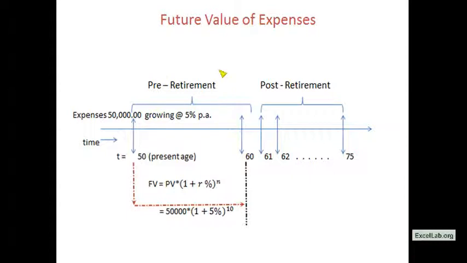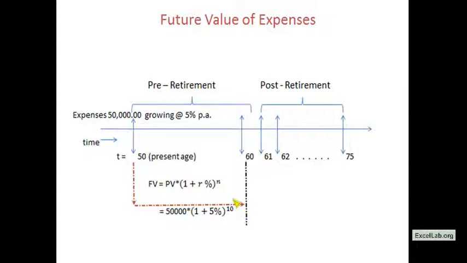This is the pre-retirement period, and here we are going to use the compounding formula. Here I have written FV equal to PV multiplied by 1 plus rate of interest, raised to n, where n is the number of years. So 50,000 is multiplied by 1 plus 5% raised to 10.